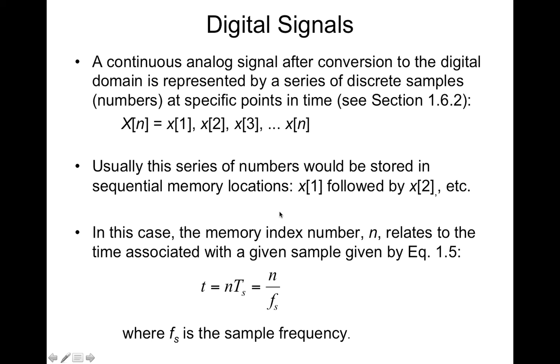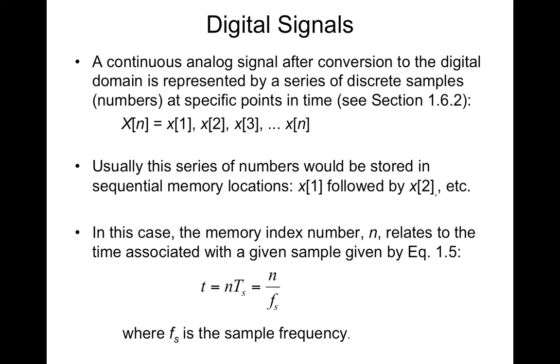The memory index number n relates to the time associated with a given sample from the sampling time or the sampling frequency. So if we know our sampling frequency, we can then take our index n and convert that to time.